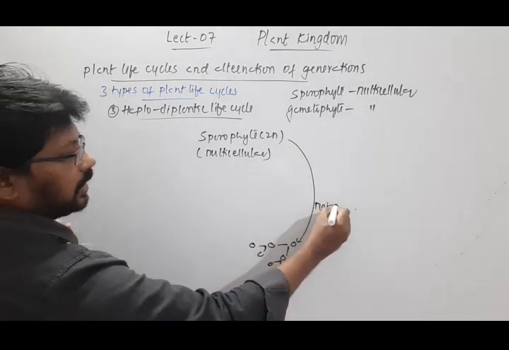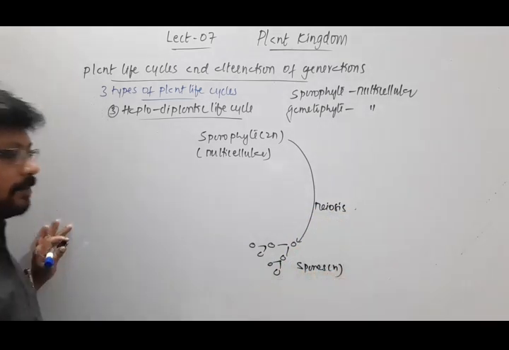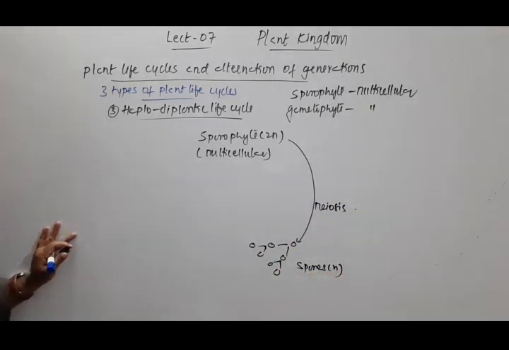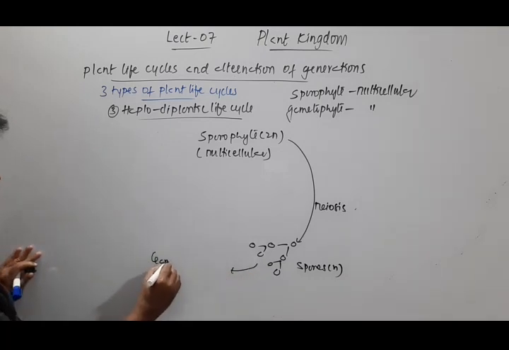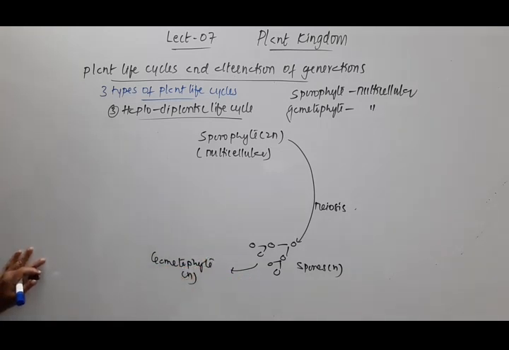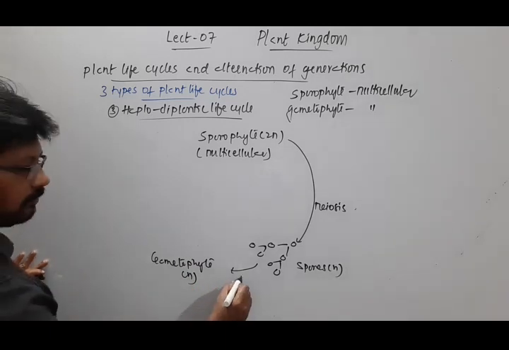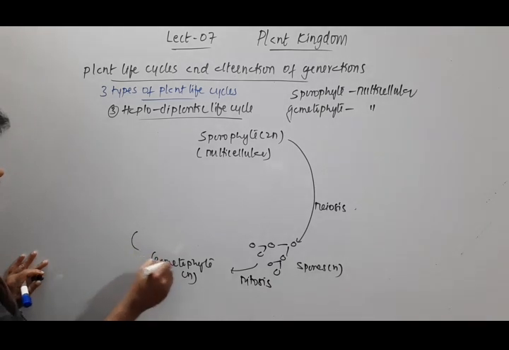These spores are haploid, and these spores will develop into the gametophyte, of course by mitosis.